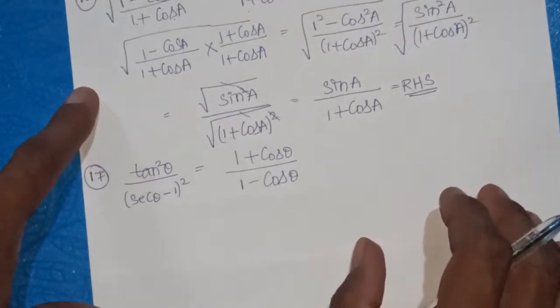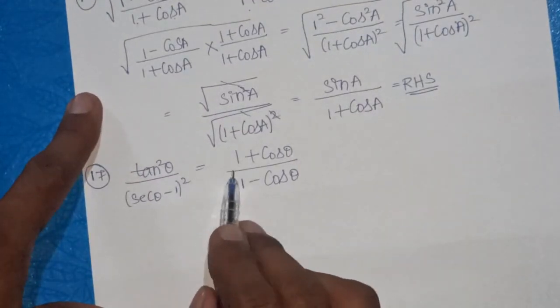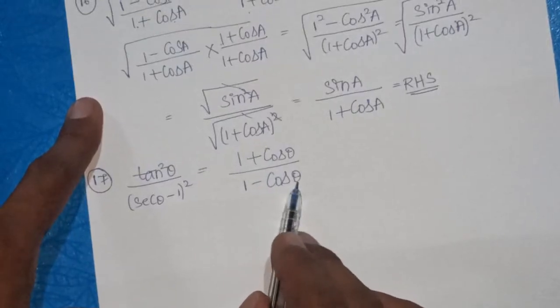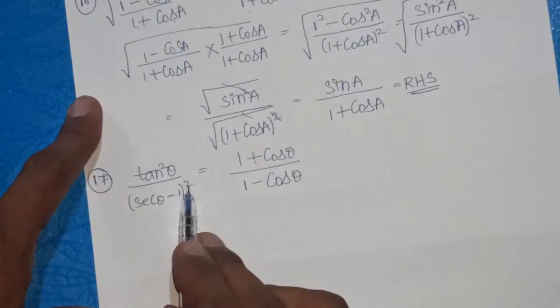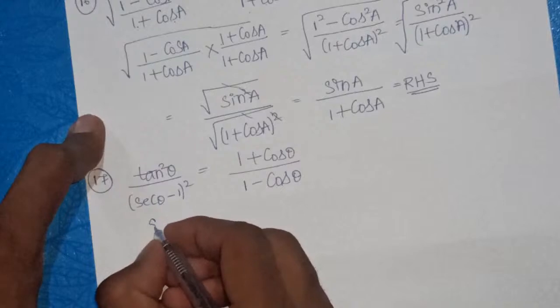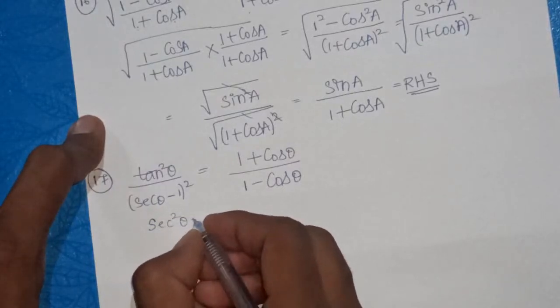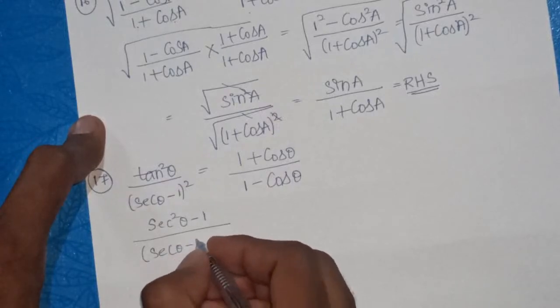Let's move on to the next question, that is tan square theta by secant theta minus 1 whole square will be equal to 1 plus cos theta by 1 minus cos theta. In the LHS, we have tan square theta by secant theta minus 1 whole square. And we know that tan square theta can be written as secant square theta minus 1, divided by the denominator, which is kept as it is.